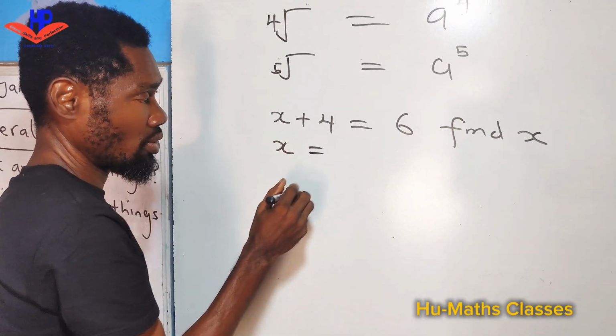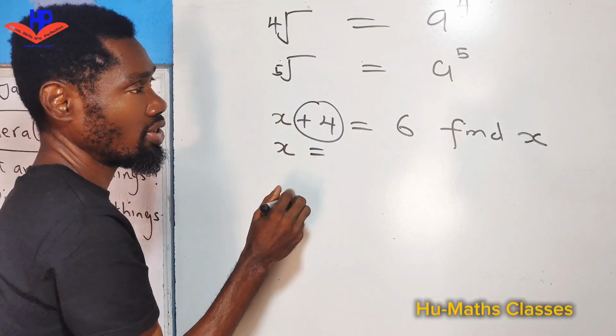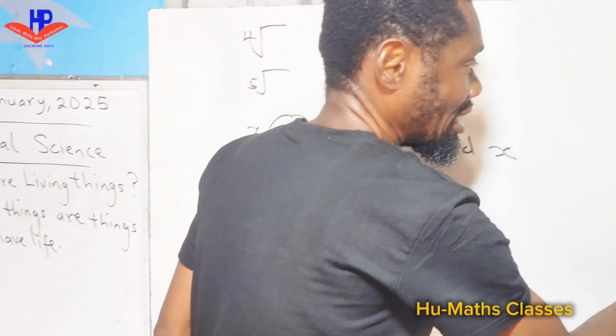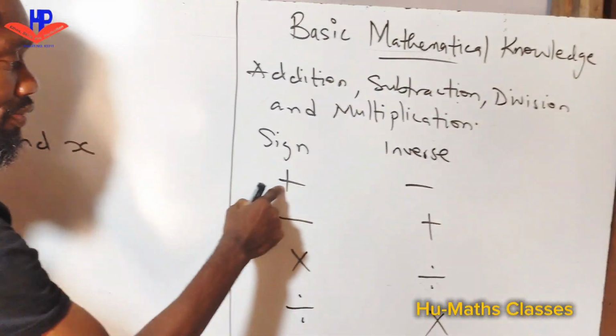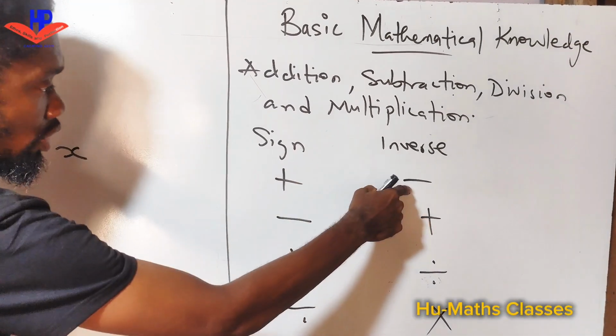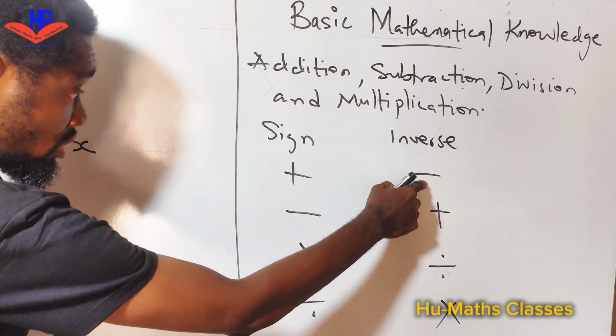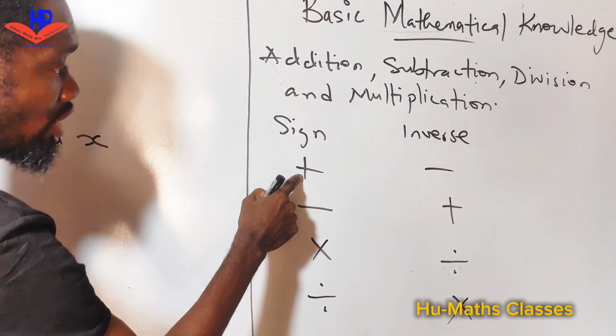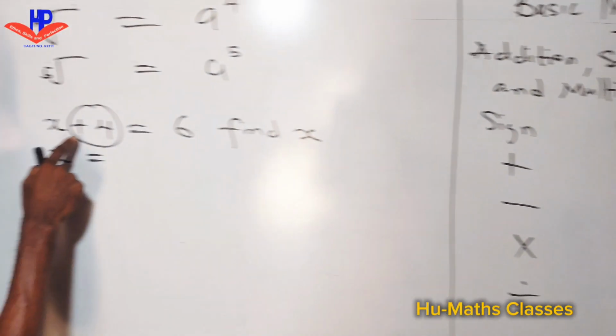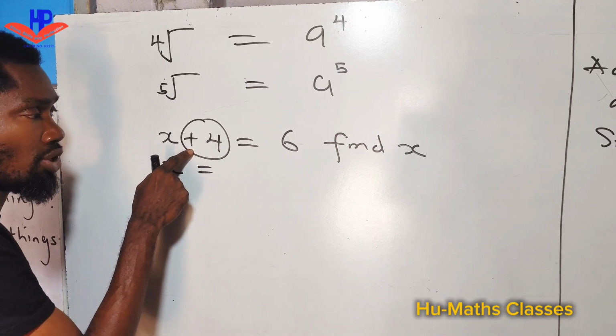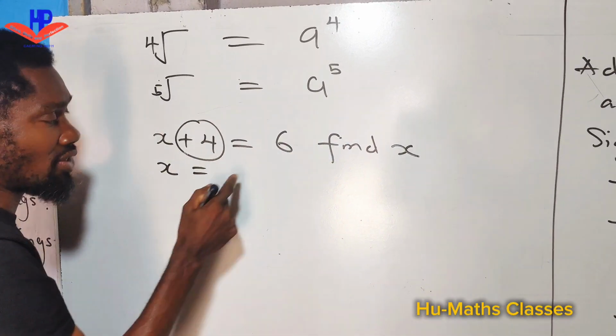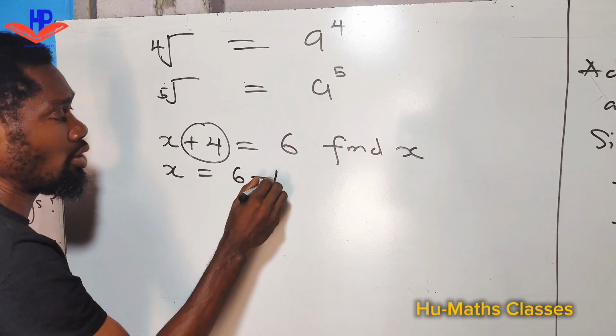Since plus has the inverse of minus, plus 4 will have the inverse of minus 4. So when plus 4 is leaving this part of the equation to the other part where we have 6, it will become 6 minus 4.